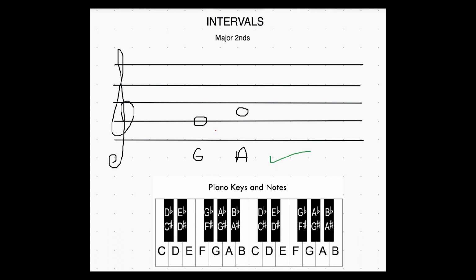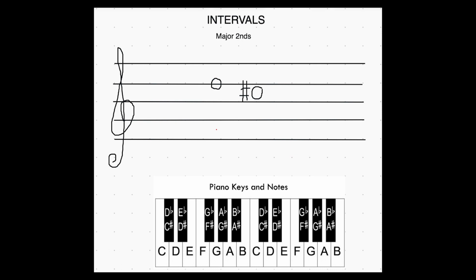Now we're going to do an interval going down. So can we remember our little hashtag symbol? It was called a sharp. So what are these two notes? Pause the recording, see if you can figure out what they are. Okay, so we have D to C sharp. If we look at that on our piano, D going down half a step.